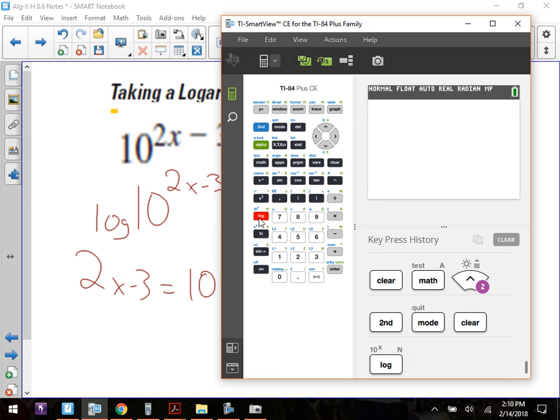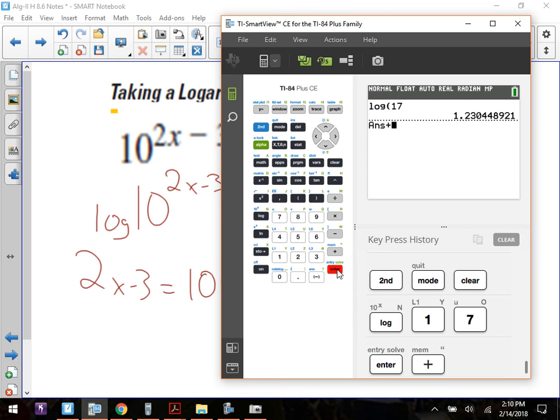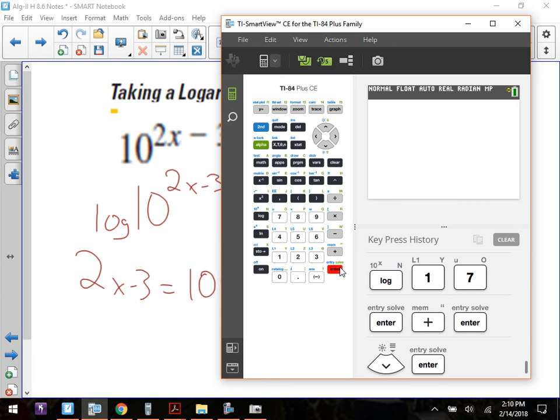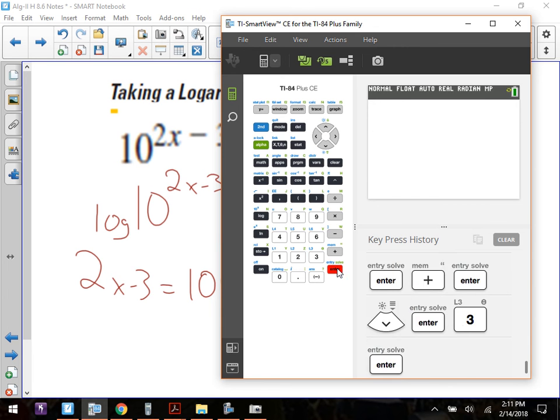So you have log 17, hit enter. And I'm guessing from here, you probably know how to get x by itself just by pressing buttons. What would you do? Add 3, so you hit plus 3. And then what?